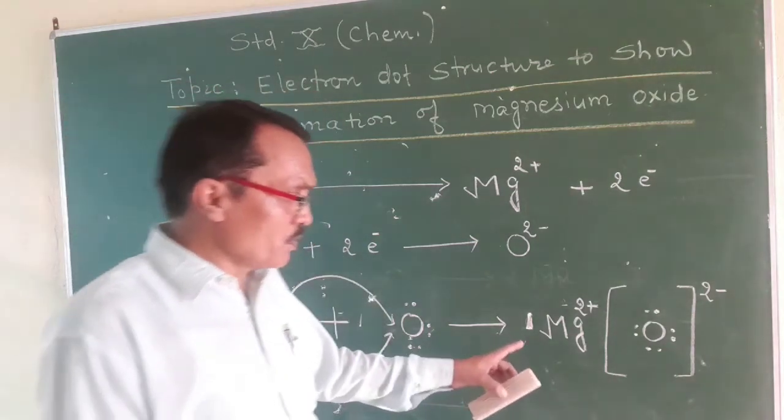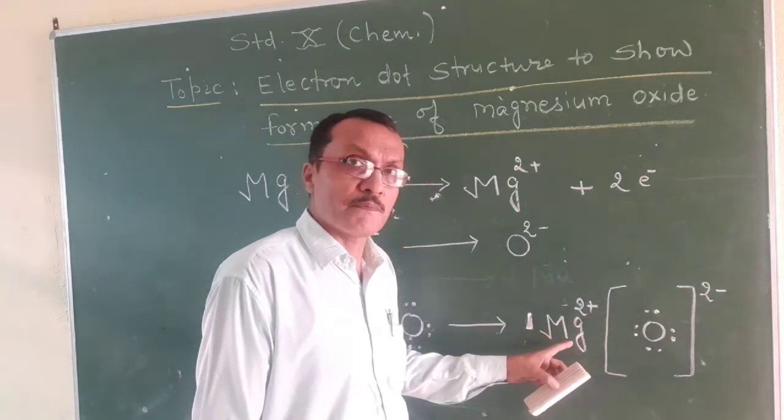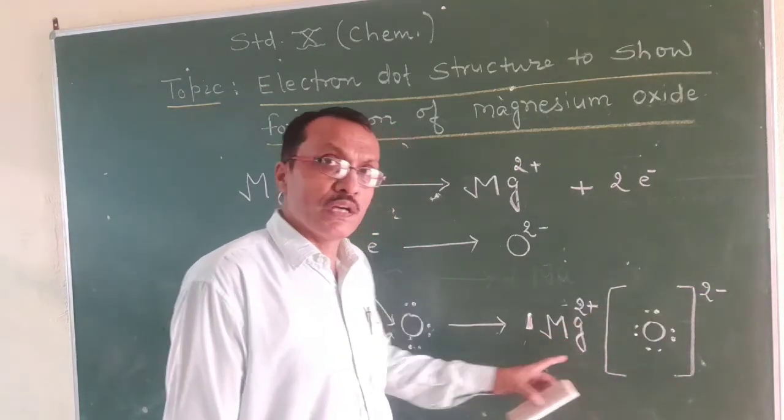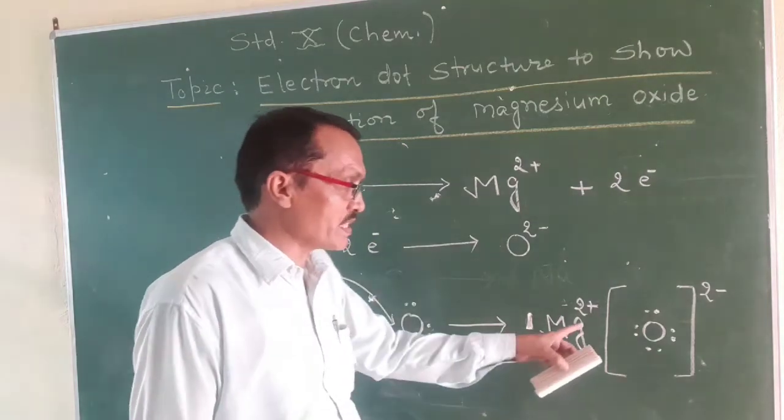Now students, you can see here 2 oppositely charged ions are produced after the transfer of electrons from magnesium to oxygen.